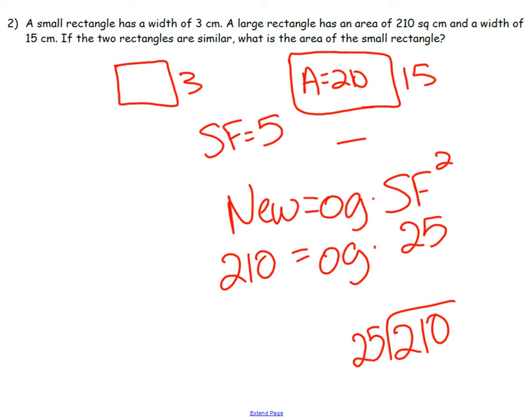Because really the only math you had to do here is 210 divided by 25, which is 8.4. No, it's 2.8. I just did what you told me to do the longest.